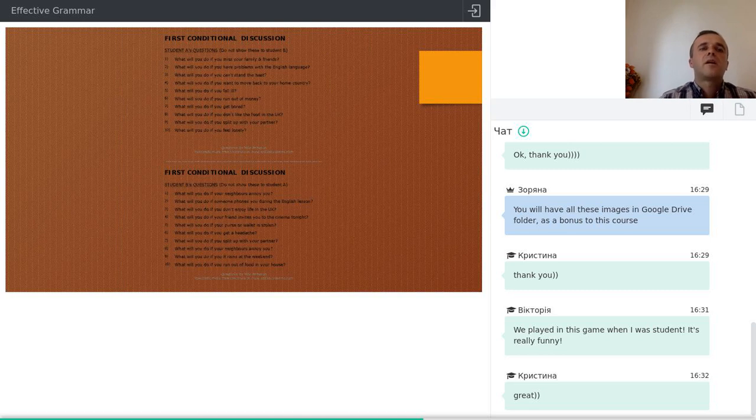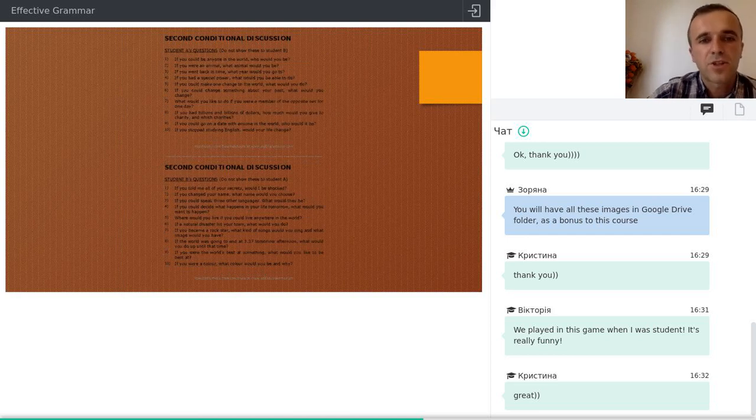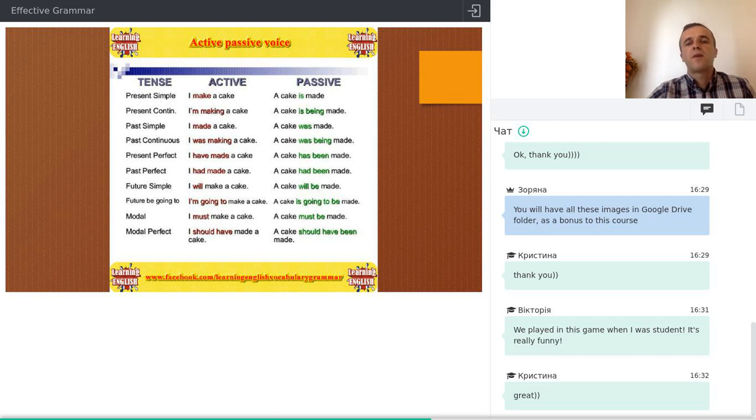Then you can apply some discussions on the first conditional sentences and on the second conditional sentences here. After you took all the grammar and did all the tests on conditionals, you can speak on the conditionals, and you can cement and refresh all that in their memory.